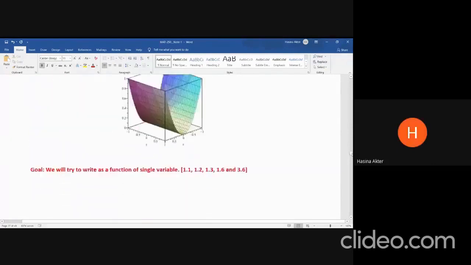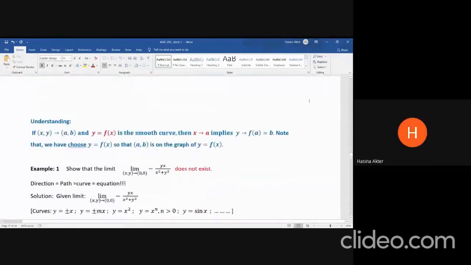Now, let's say that the question is: find the limit or show that the limit exists. Can we check 10 directions, and if I have the same limits along 10 directions, then I can claim that the limit exists? Is it true?